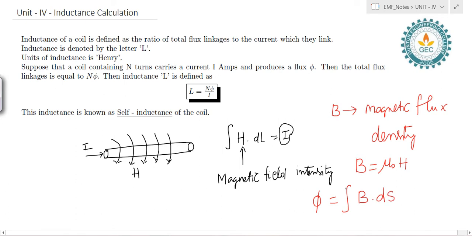So these are the relations that you have learned so far.